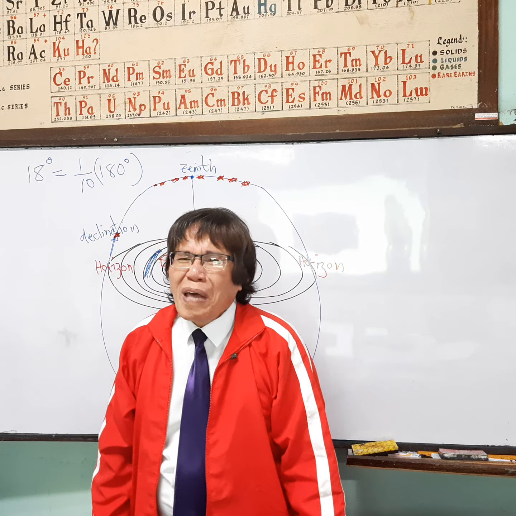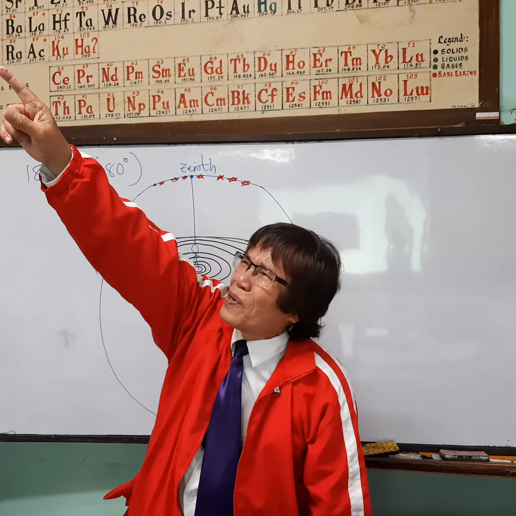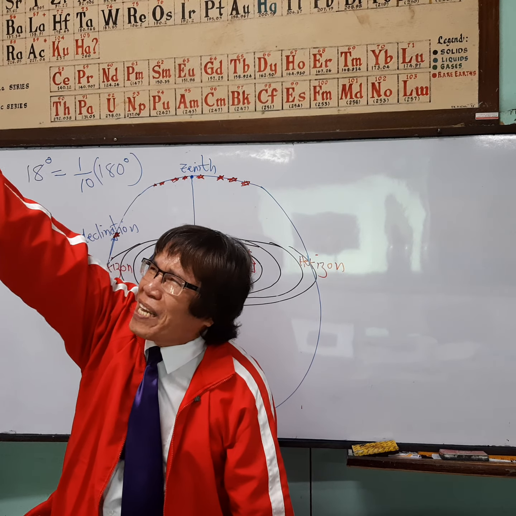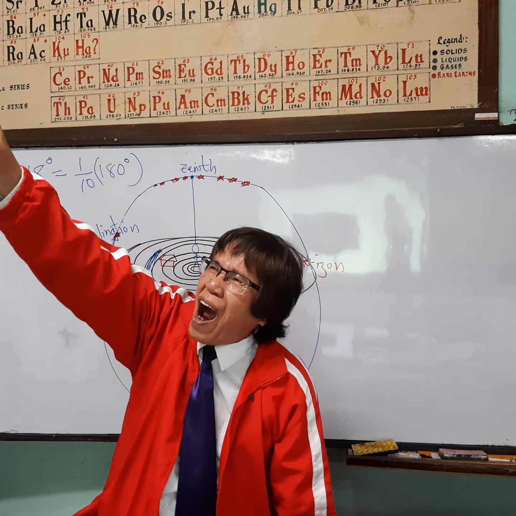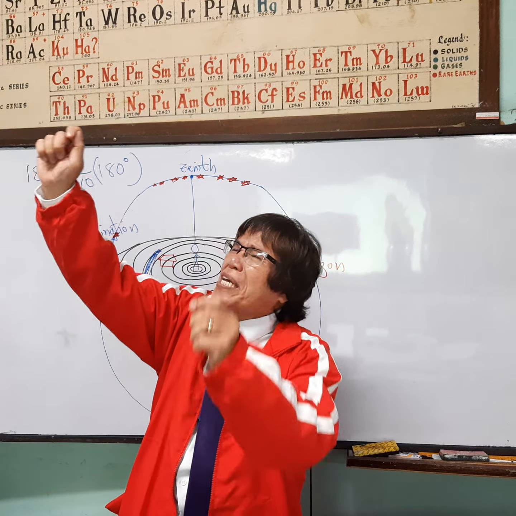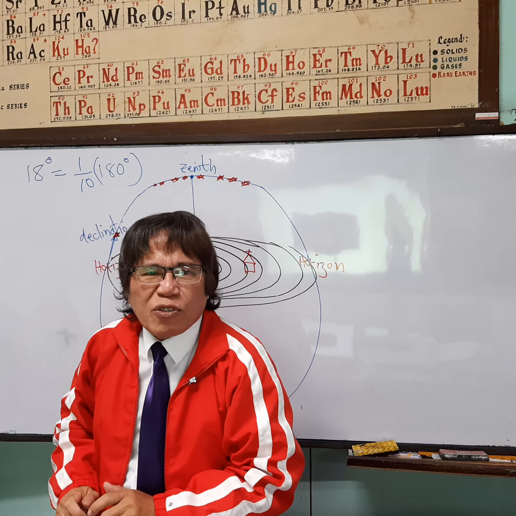But we cannot do that if you are going to measure the objects. They're up there, over there, somewhere, very far. We cannot go there and bring a ruler or a protractor.